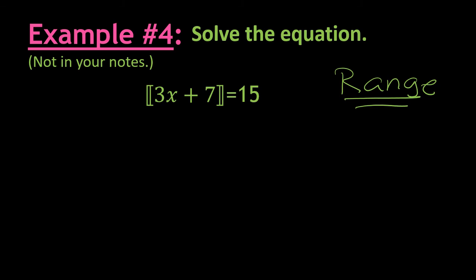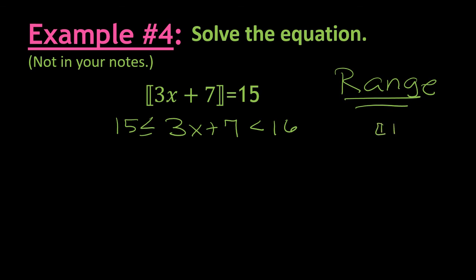So I'm going to set up an inequality. I know that I'm going to have 3x plus 7, and because we're talking about the numbers less than or equal to, that is going to give me 15. So basically, if it's positive, we kind of truncate and drop the decimal. So any number between 15 and 16 will have a greatest integer function of 15.